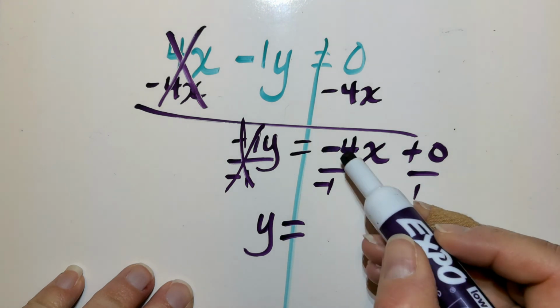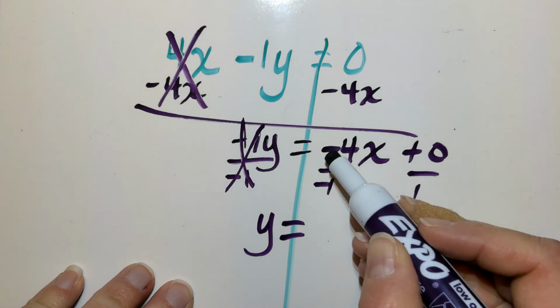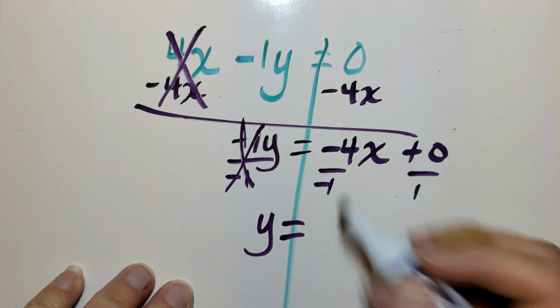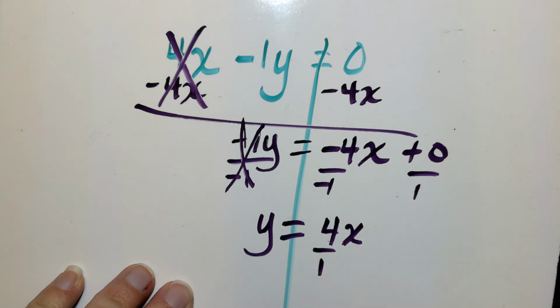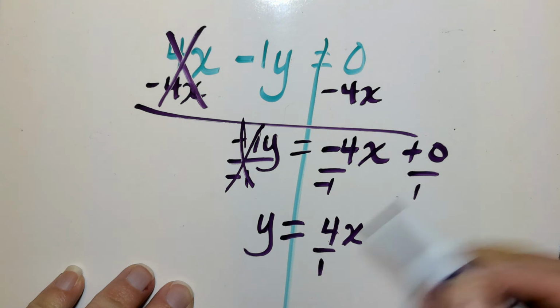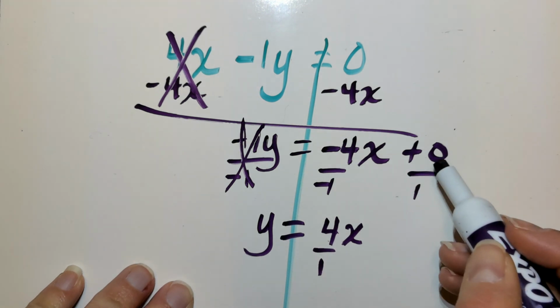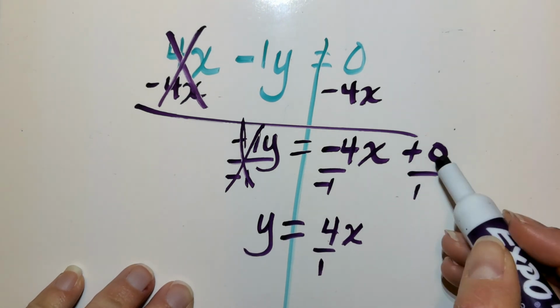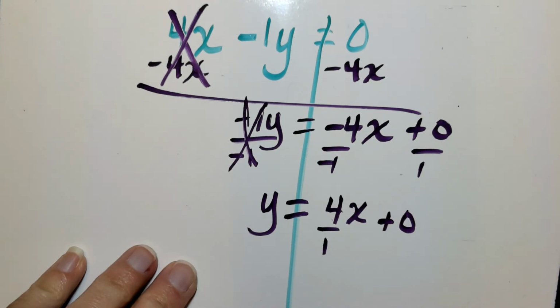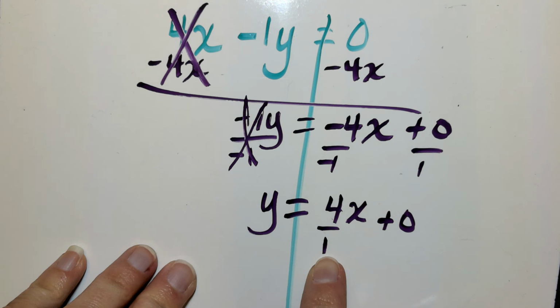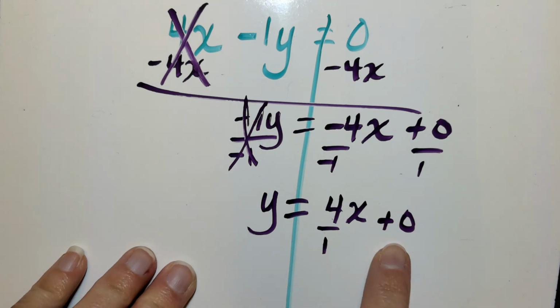So we're going to subtract 4x. Those cancel. I bring down my minus 1y equals, our x term goes first. The y cannot have that negative 1, so we divide everybody by a negative 1.